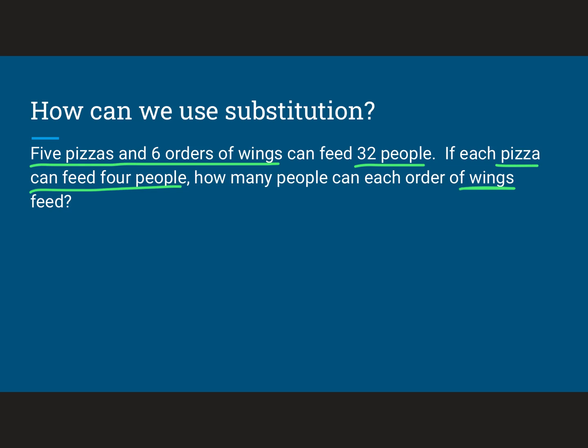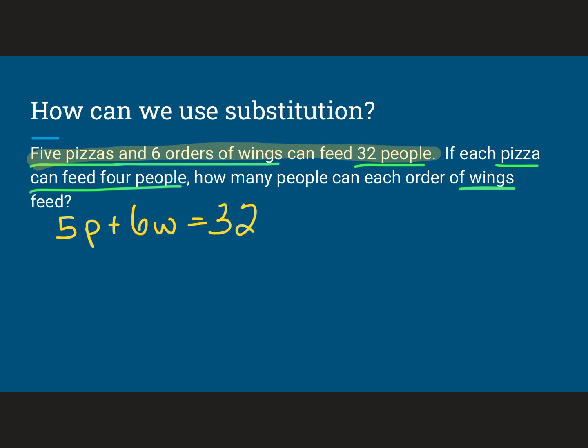So what information do I have? Let's start here. I know 5 pizzas and 6 orders of wings can feed 32 people. So that is my first equation here. So I have 5, and I'm just going to use P for pizza, plus 6, and I'm going to use W for wings, equals 32. I can feed 32 people that way.